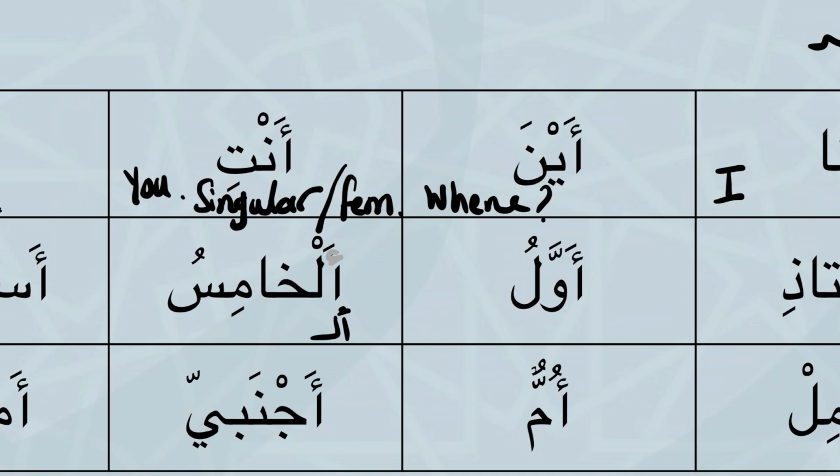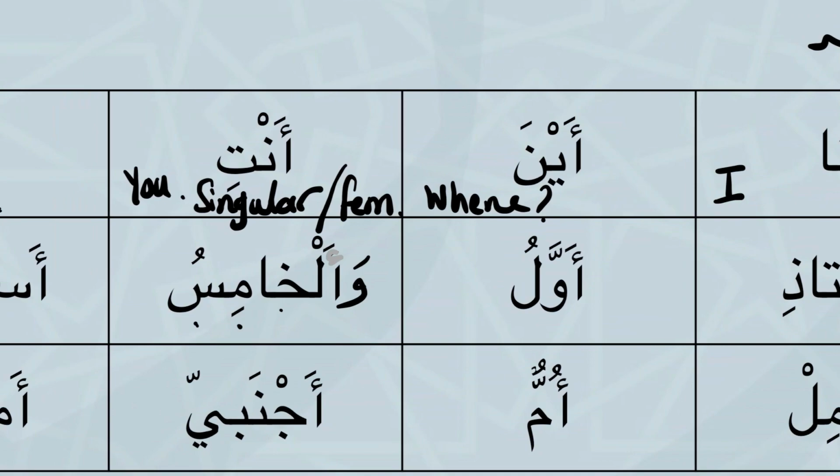How would I pronounce this? Al khamisu. If I put a waw with fatha here, there's no need for this imaginary alif, the imaginary hamza. So I say wal khamisu.